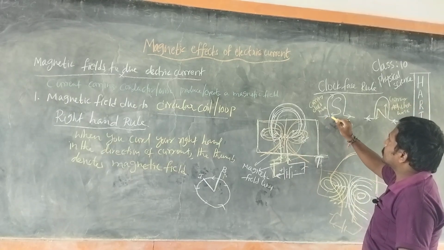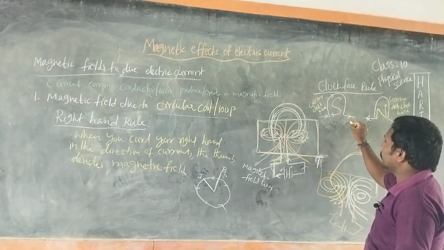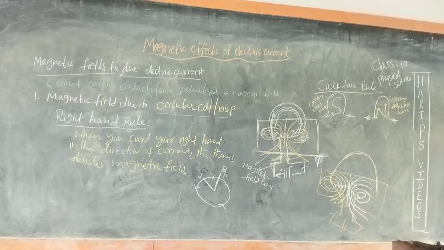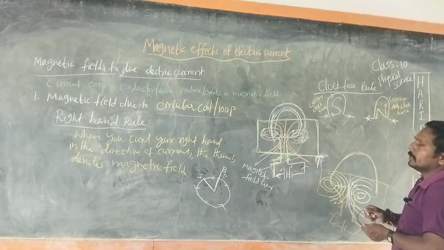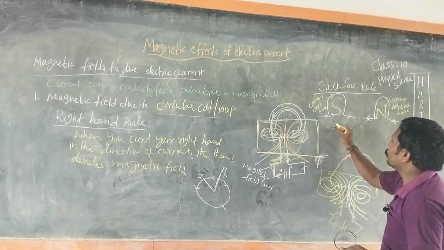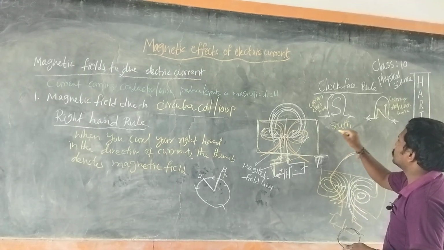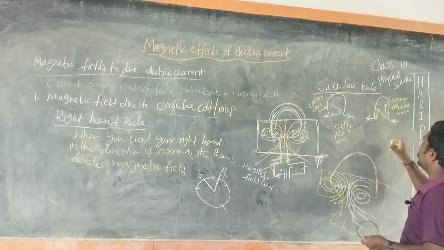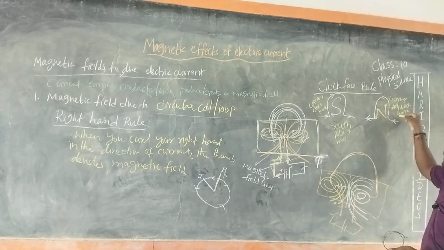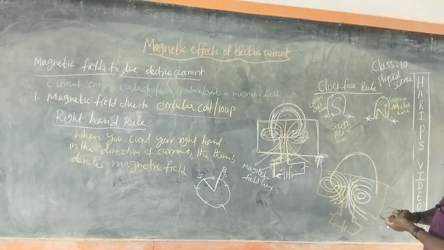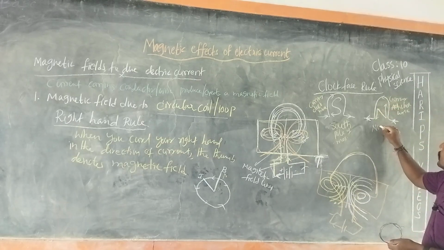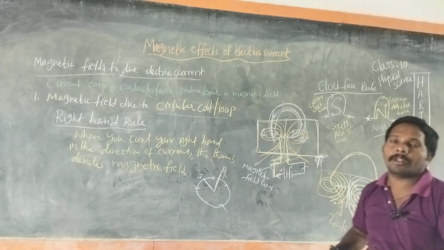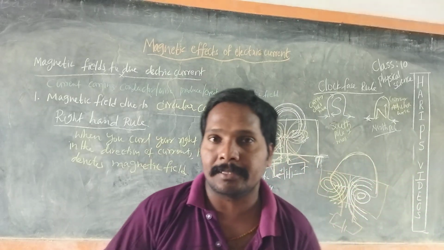When the direction of current is clockwise in a circular coil, it denotes the south pole of a magnet. When the current is anti-clockwise, then it is the north pole of a disc magnet.